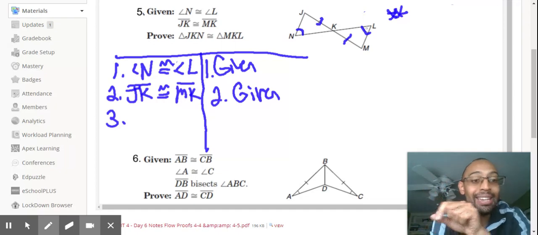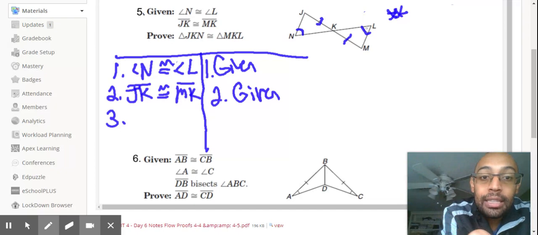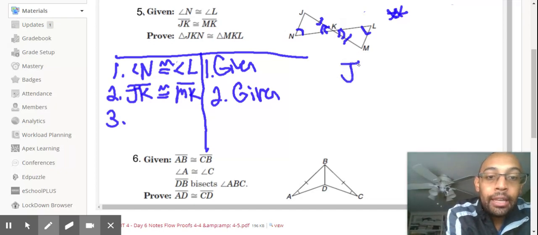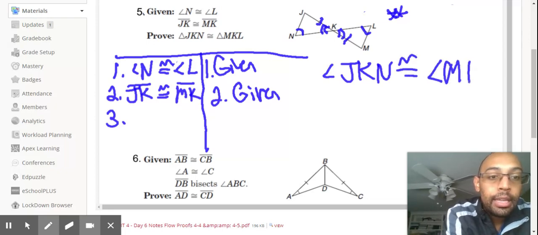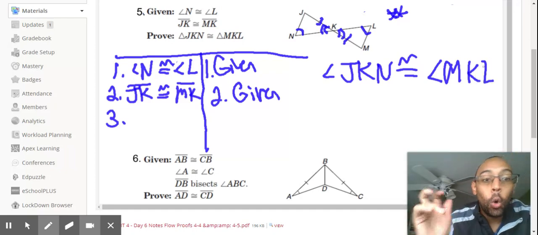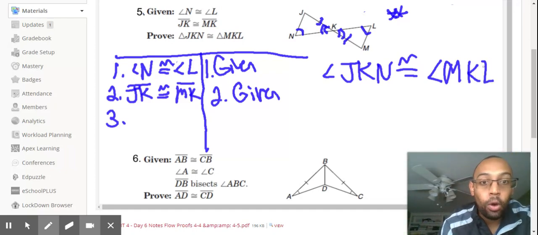It is actually evident in this problem because this angle right here, JKN, that angle is congruent to MKL. So J to K to N, that angle is congruent to M to K to L. And again, order is important, as I stressed before, because JK is congruent to MK.